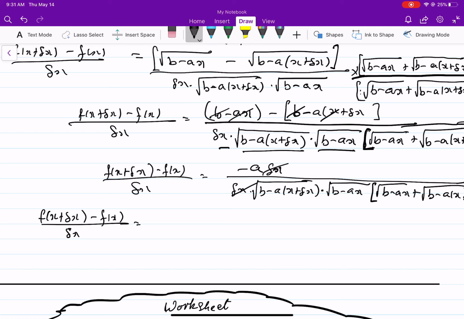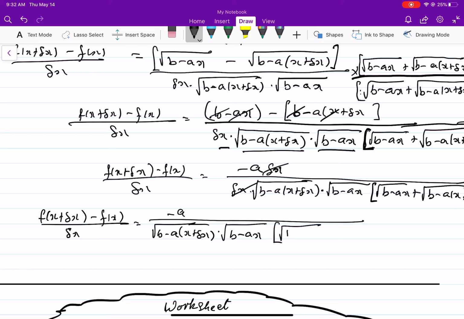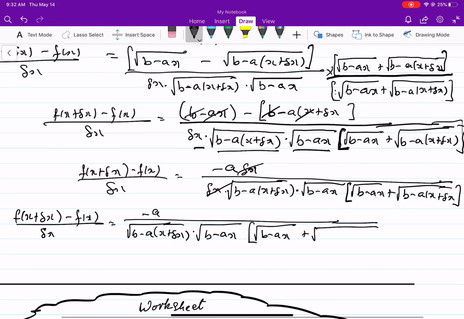Now it looks like minus a on top all upon the root of b minus a into x plus delta x times the root of b minus ax times the root of b minus ax plus the root of b minus a into x plus delta x, like so.